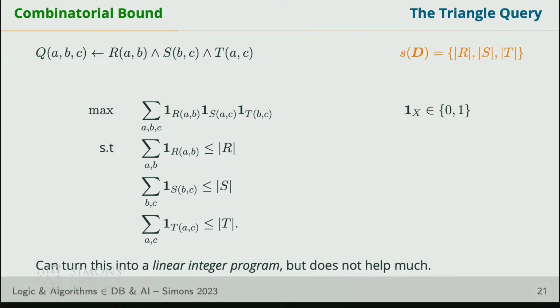And the cardinality constraints will be that the sum over all of the indicators for R is less than R, for S is less than S, and for T is less than T. So those are the main constraints. We have billions of indicator variables. This is a horrible integer programming problem. You can turn this into a linear integer program, but it doesn't help because the number of variables is just too big. So this is what I meant by computable but impractical.